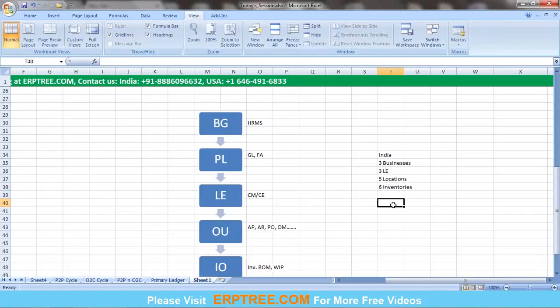We'll go with this simple example. They are doing three different types of businesses, and for each business they have a separate registration. That means three legal entities. Three businesses and three separate registrations.